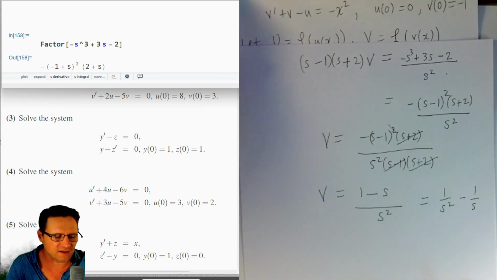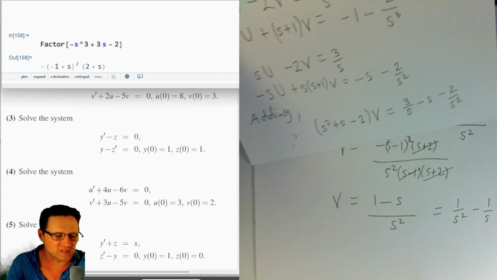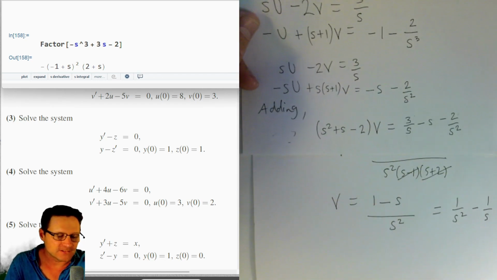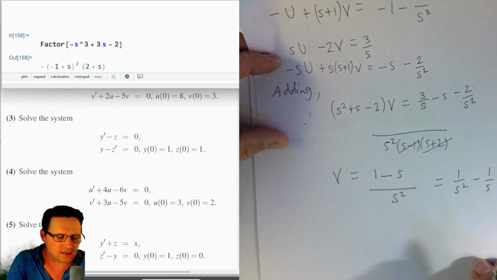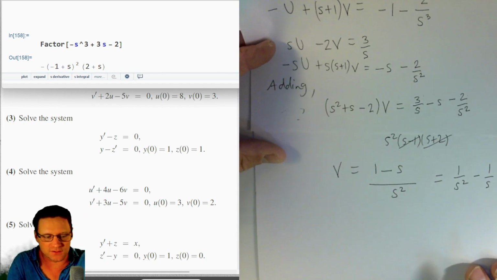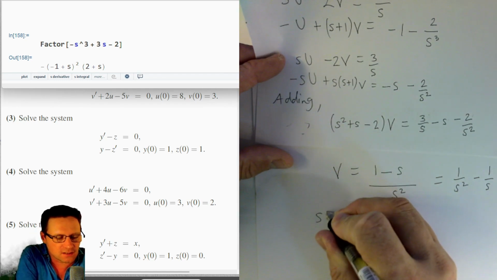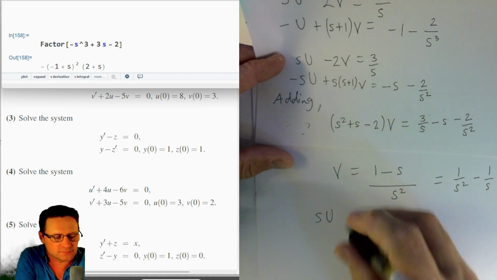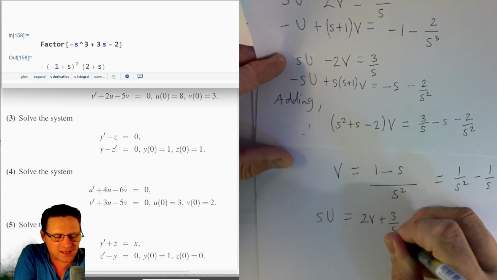Okay, so now that we have that, let's go back and find what u should be equal to. So if we just take, I don't know, do we want to take the first equation maybe? Let's take the first equation, s u is equal to 2v plus 3 over s.